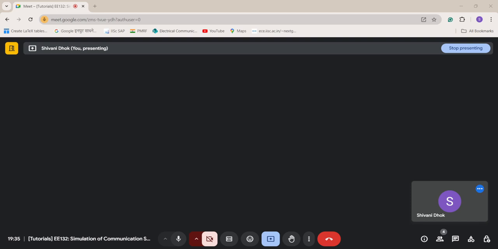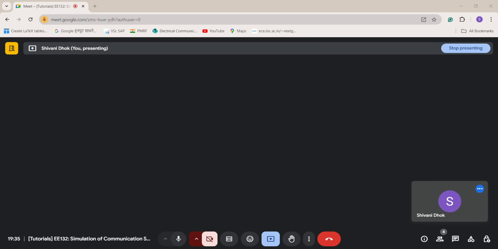IDX minus IDX. Okay. So here I am just taking the index, and if those indexes are not matching, then I am taking it as an error. So this is what I'm having.